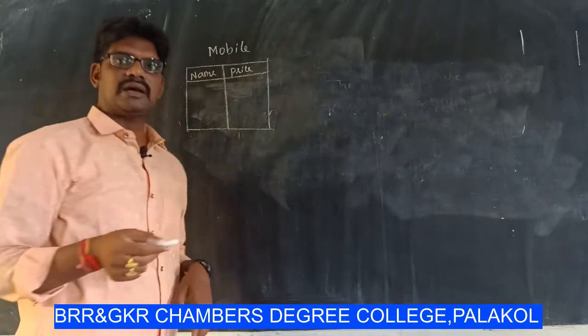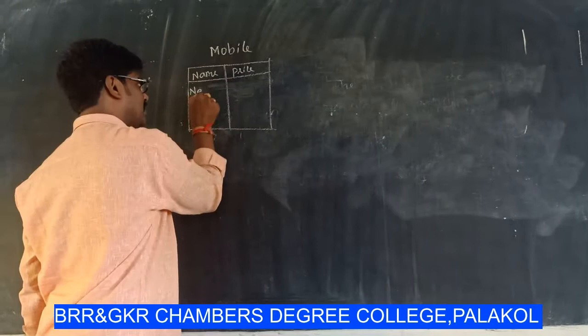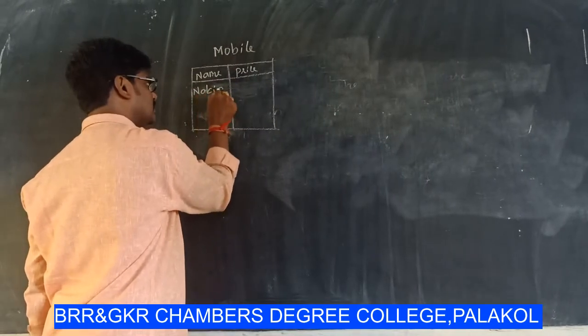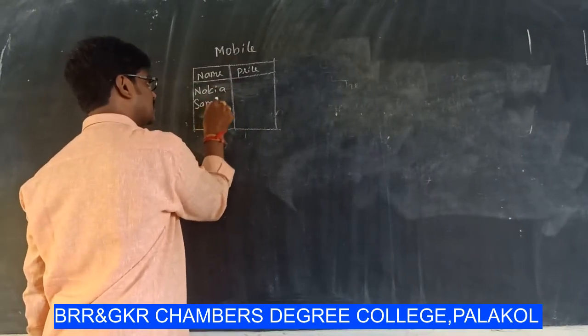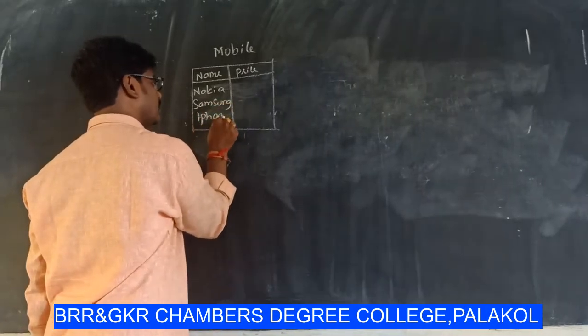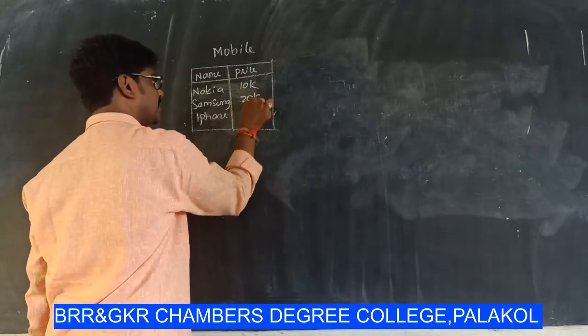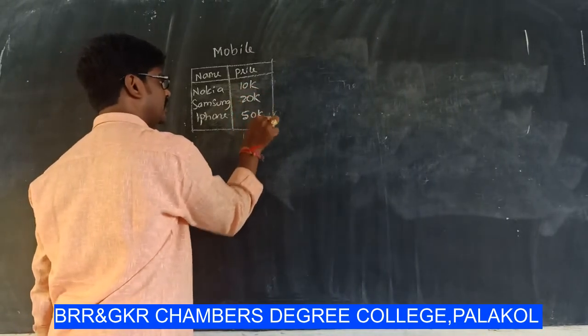I am taking the mobile names Nokia, Samsung and iPhone, with prices, for example, 10k, 20k and 50k.